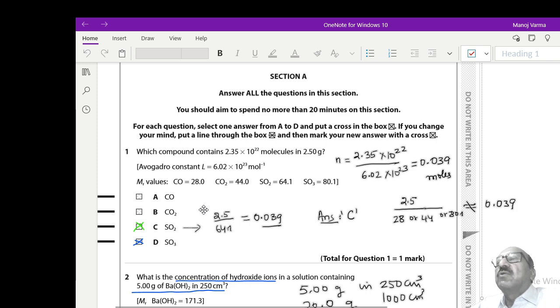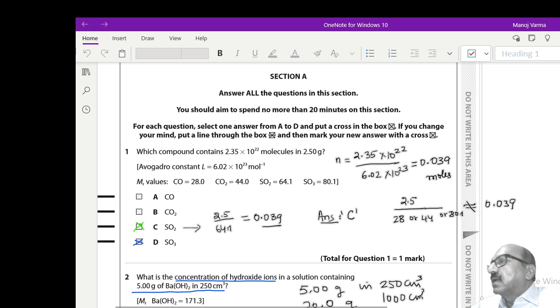So let's again go back to the question. It says, which compound contains so many molecules. Now one method could be that we find out the number of moles represented by these many molecules.